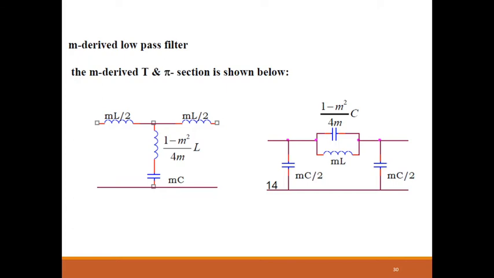These 4 filters we are going to obtain with new expressions based on the M constant. As we discussed earlier, M into L by 2 as well as M into L by 2, 1 minus M square by 4M into L, then M into C, this expression we discussed in the T network. Similarly the pi network also we discussed.